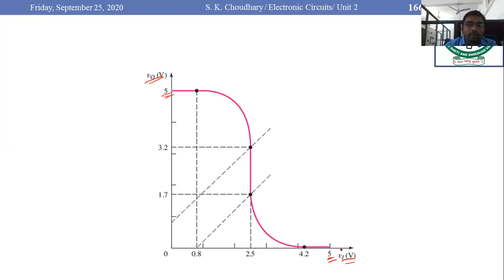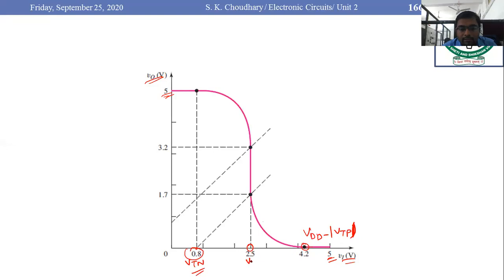Now we have to locate here. This is 0.8, VTN, threshold voltage of NMOS. At that moment your NMOS would be started on, and this is 4.2. It is VDD minus VTP. For the PMOS the threshold voltage you can consider 0.8, subtracted from the 5. This 2.5 is what?